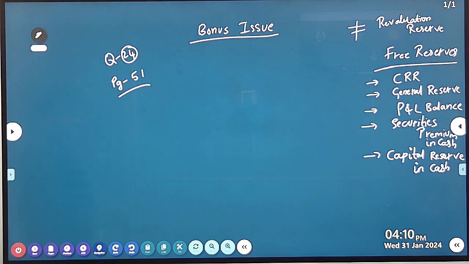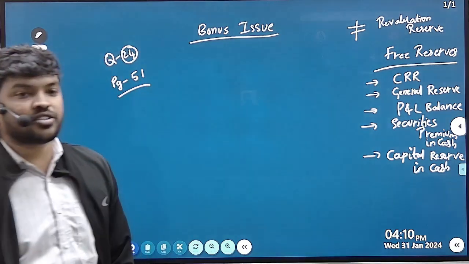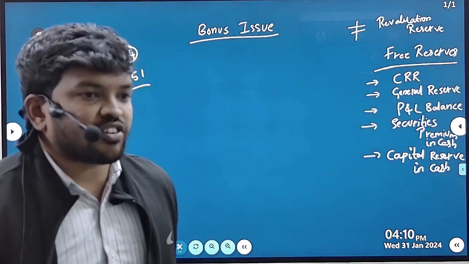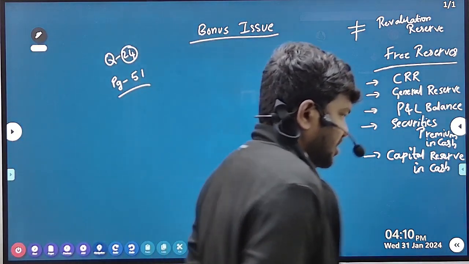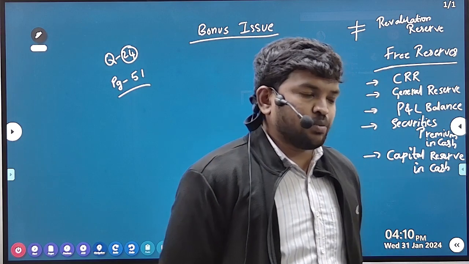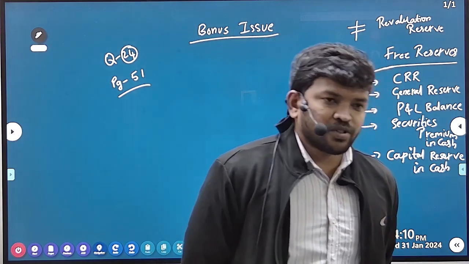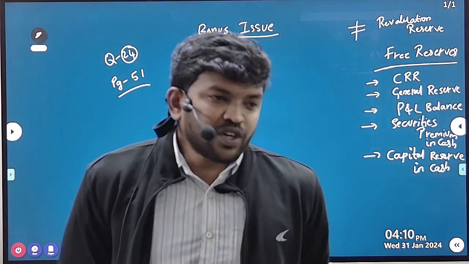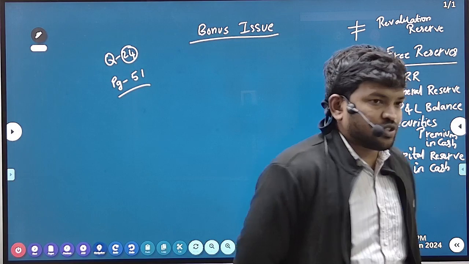Now what are the journal entries? First, how much bonus is issued; you have to calculate the bonus. First, tell me how many shares are existing in the company? 60,000. In rupees? 10 rupees. So 6 lakhs. What is the bonus issue ratio? 1:4.